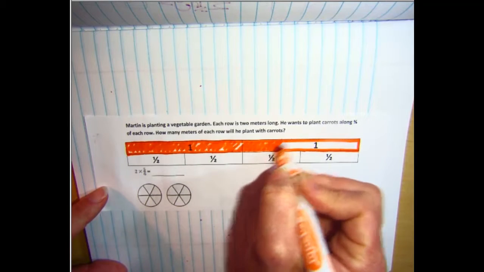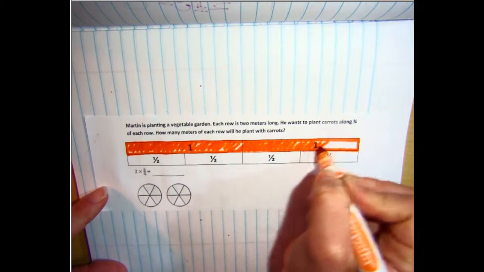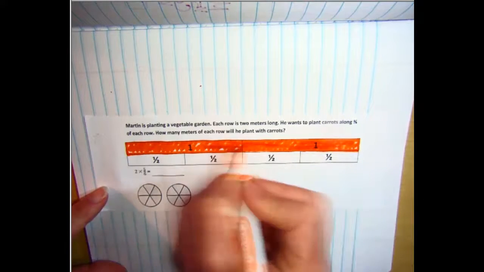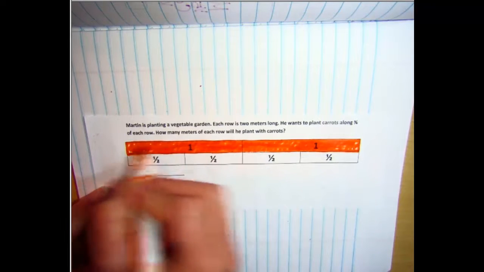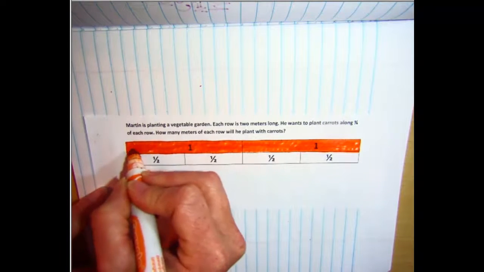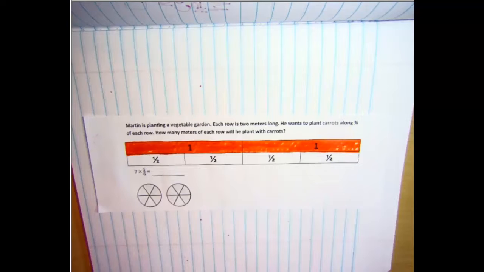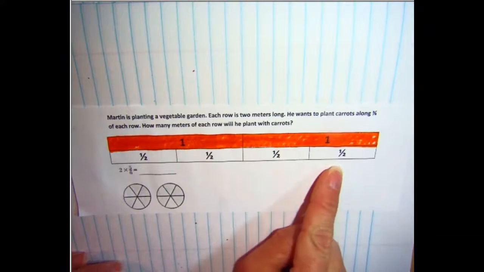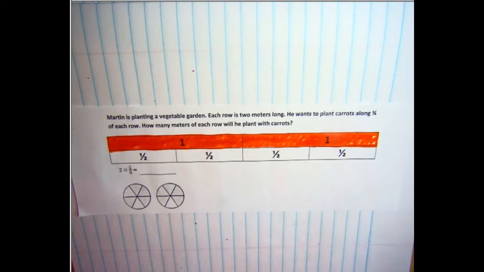Why does it have 1/2 underneath these 2 meters? Why do you think they have little 1/2 tiles underneath these holes? Molly? Because it equals 2/4 because there's 4 of them. 1/2 and 2/4 are equivalent, but that's not why they have the 1/2 tiles there.